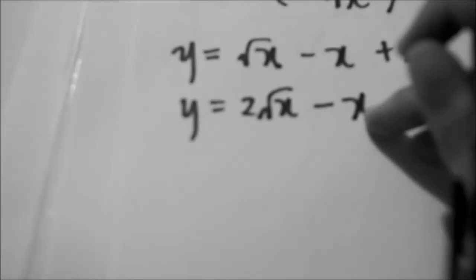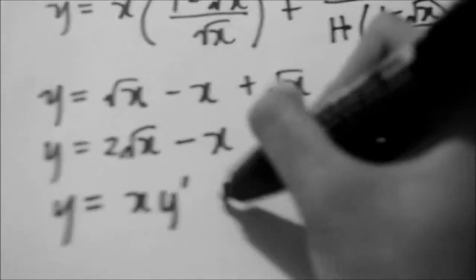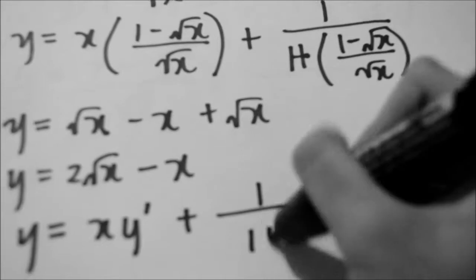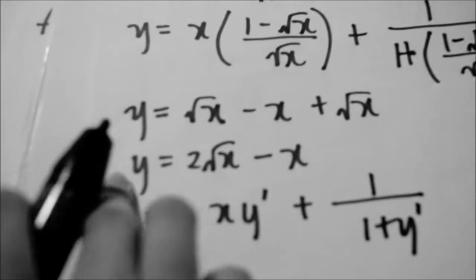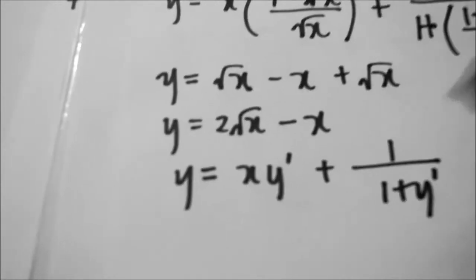To verify that this is one of the solutions to the differential equation y equals x y prime plus 1 over 1 plus y prime, we will find the y prime from this solution.